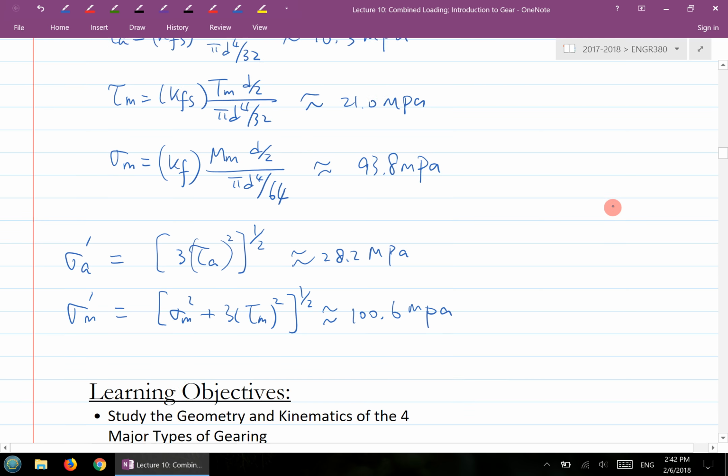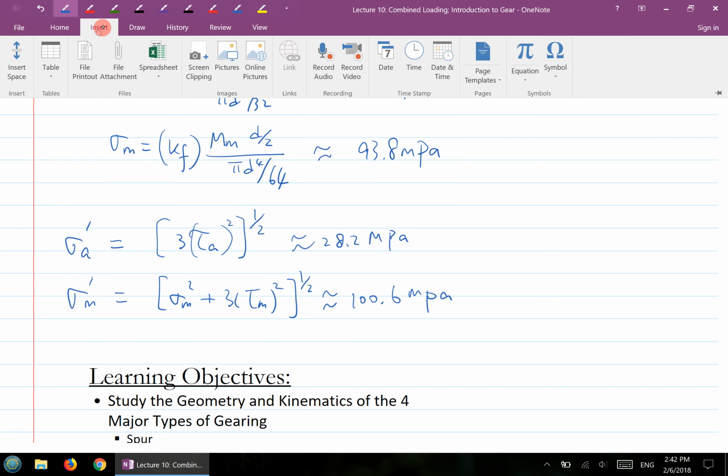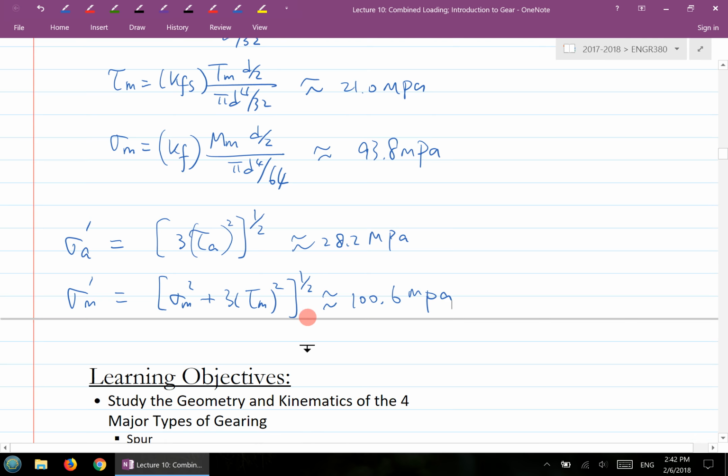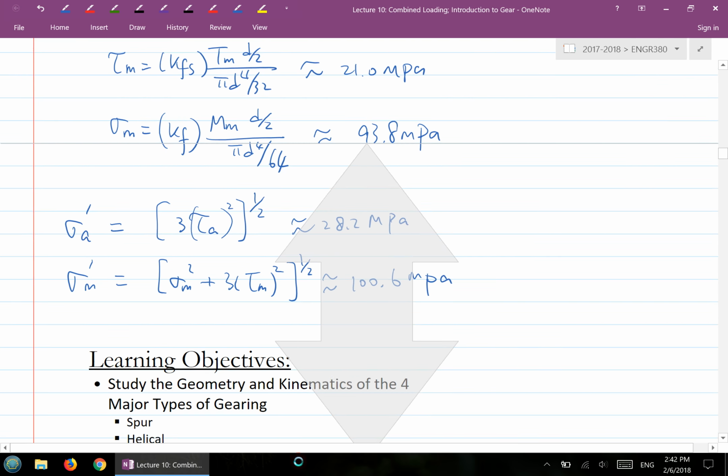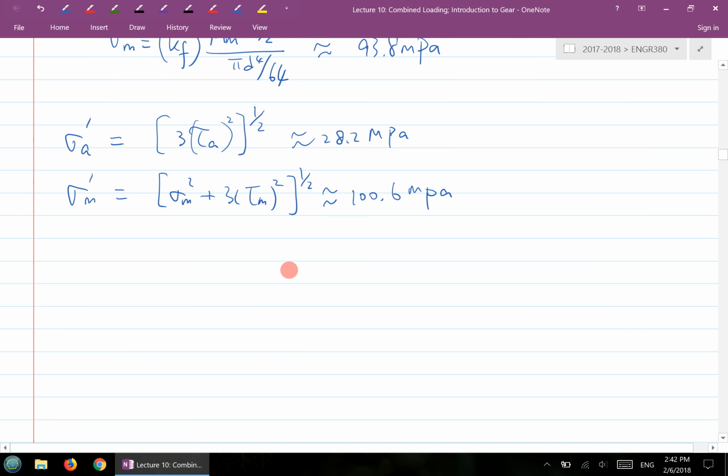Finally, you can calculate the safety factor now. So nf equals 1 over sigma A prime over Se plus sigma m prime over Sut.